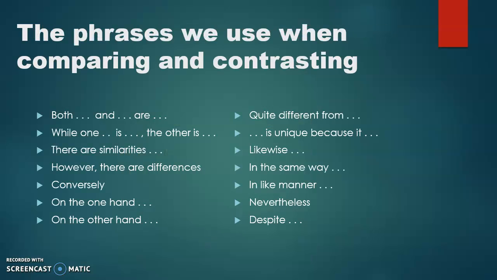First, there are special phrases we use for comparing and contrasting. And I have listed them here for you. Both ... and ... are ... While one is ..., and notice the punctuation, the other is that.